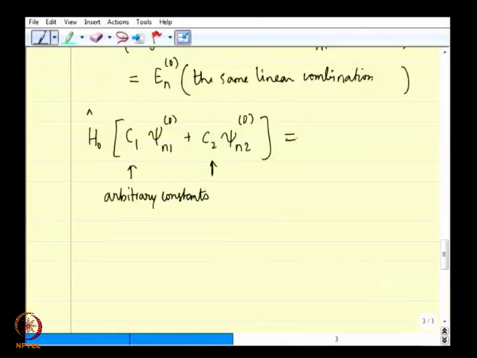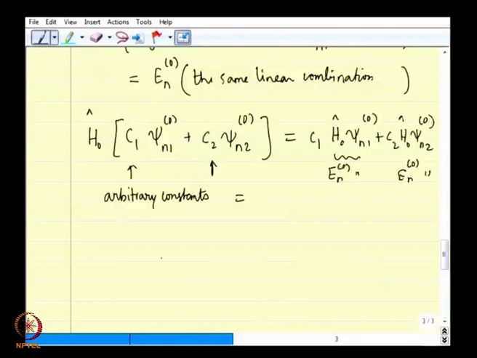Making use of the previous statement that these are states with the energy En, it is C1 H naught acting on psi n1 0 plus C2 H naught acting on psi n2 0, both of which give you En 0 times the wave function. Therefore, if you take that out as a common factor, you see immediately that the linear combination is also an eigenfunction of the 0 order Hamiltonian.